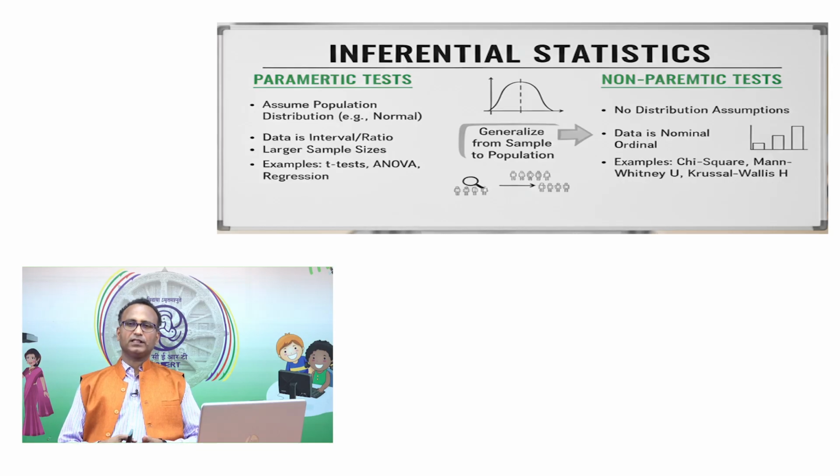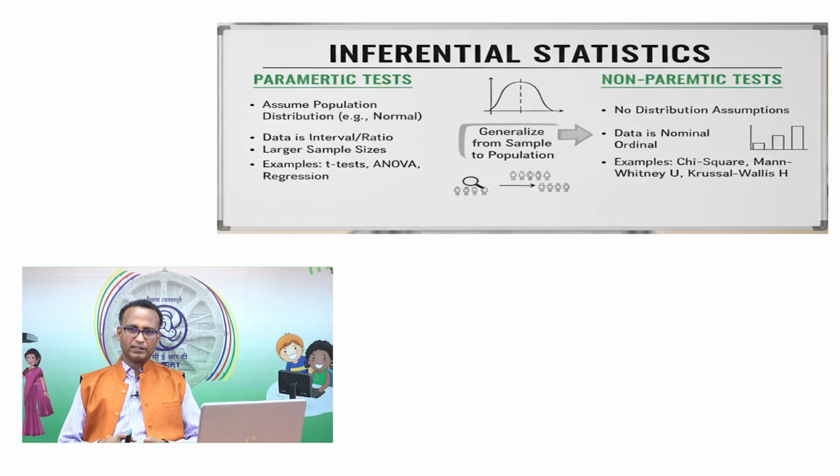So, you cannot test or verify a null hypothesis without the use of inferential statistics. The third point I want to tell you is that inferential statistics are always based on probability, I mean the normal probabilities. Inferential statistics are of two types.